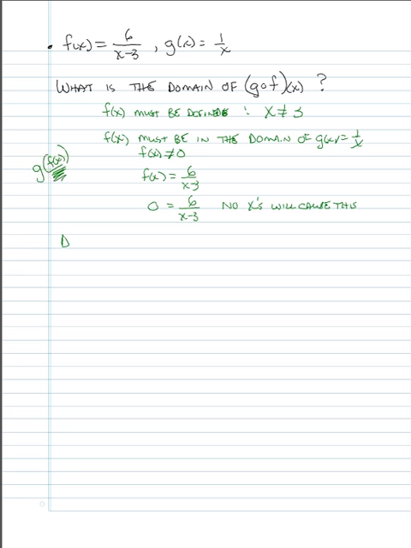And so the domain of G compose F is the set of all x's such that x is not equal to 3. And so we may have missed that altogether if we would have looked at the rule.